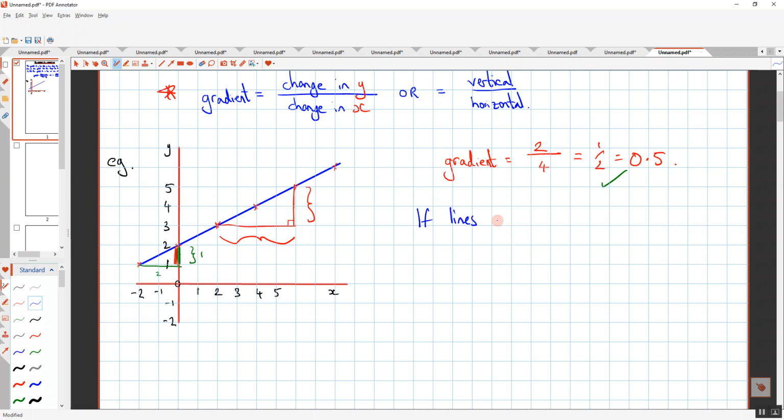Okay, so if lines are sloping upwards, so for example, if they are sloping up from left to right, the gradient is always positive.